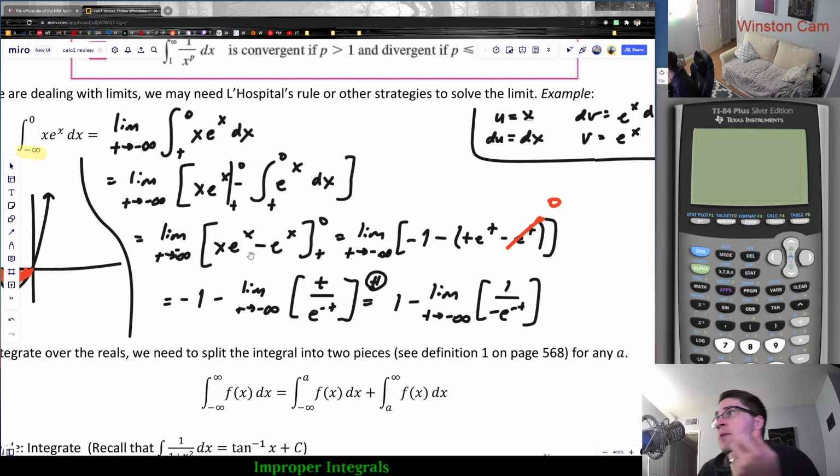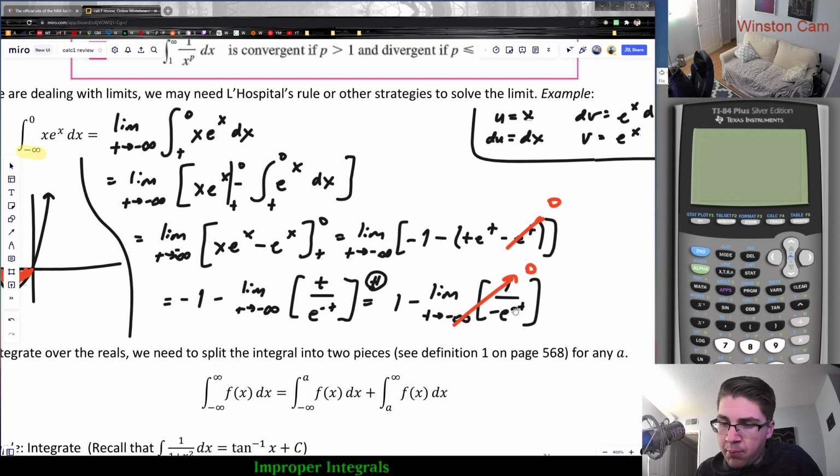And notice what I end up with is negative e to the positive t, because it would flip back over. But what I end up with is another limit that's going to head to 0. Because if we imagine plugging this in, I essentially have 1 over e to the positive infinity. That's for sure going to head to 0.